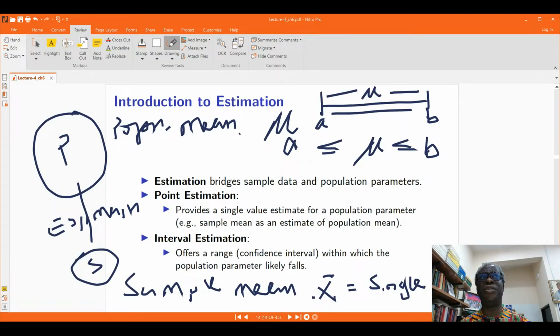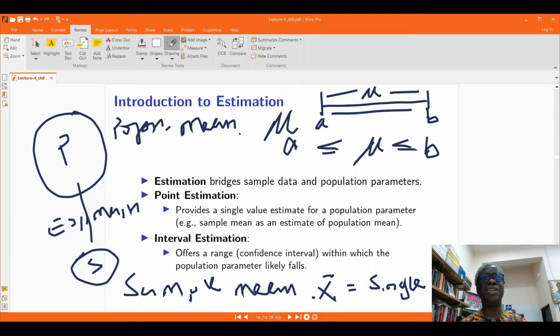So if I want to estimate your age, maybe I'm meeting you for the first time and I want to estimate your age. I can use two estimation methods. One, I can use a single value and simply look at you. When did you finish your primary school? When did you enter secondary school?